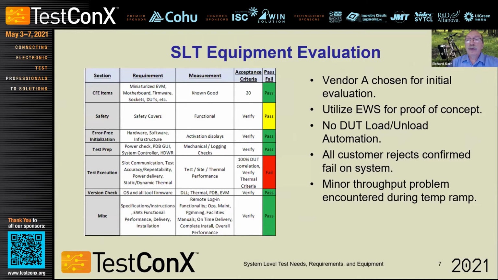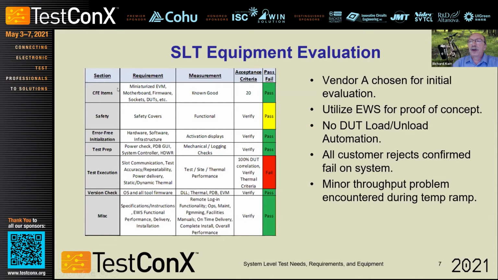So we purchased that single board system from vendor A and created an evaluation matrix, which was agreed upon both by the vendor and TI.